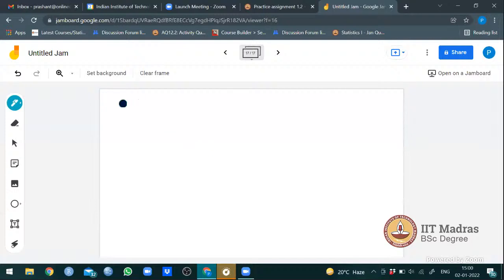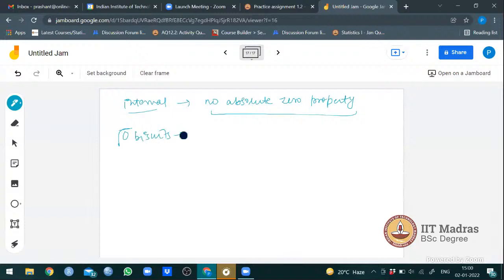See, the interval scale does not satisfy the absolute zero property. What does the absolute zero property mean? Suppose I'm saying 0 biscuits; that means there is no biscuit. First understand the meaning of absolute zero. If this property is violated, then it will be the interval scale. Suppose I'm saying 0°C.